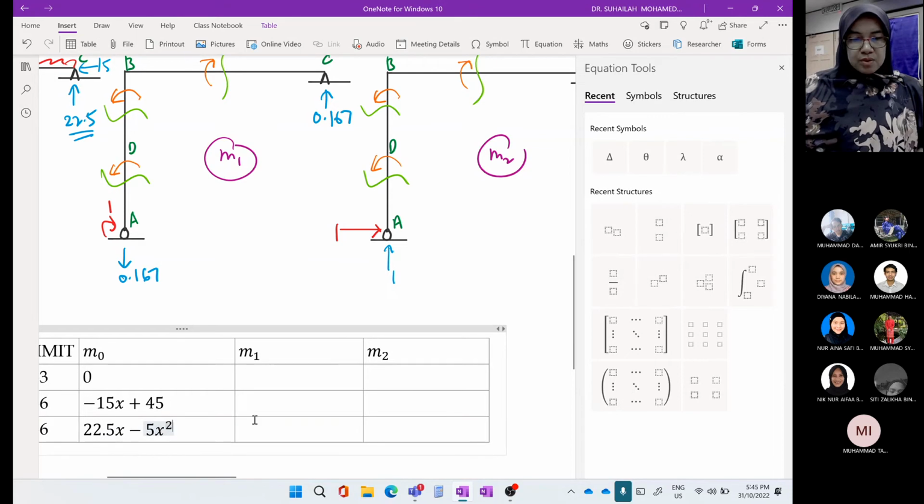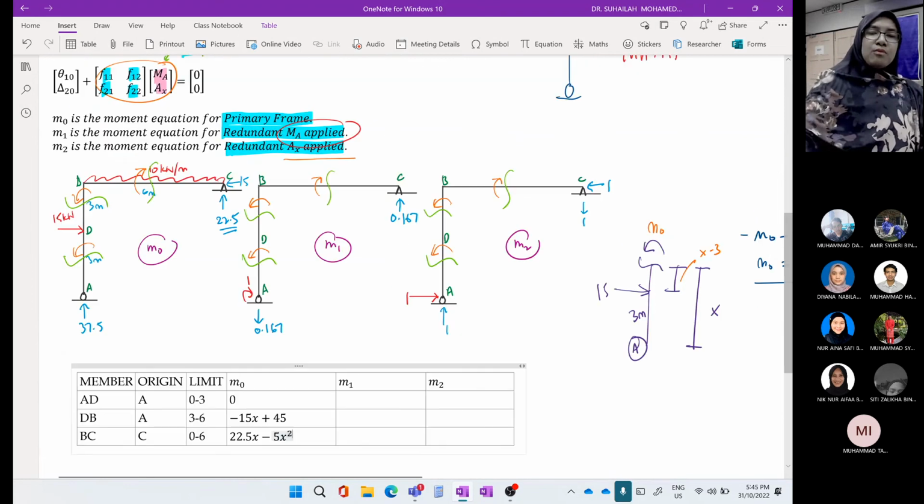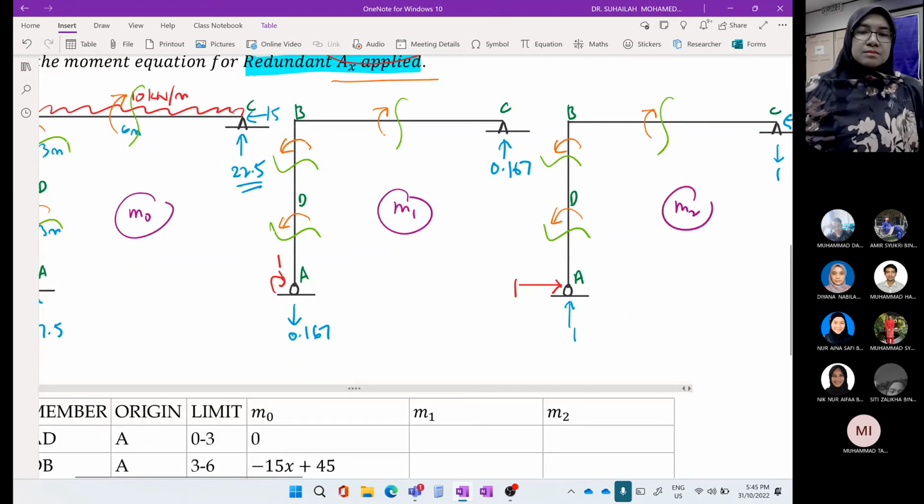Okay, M1. Opposite, so positive. Okay, 1.